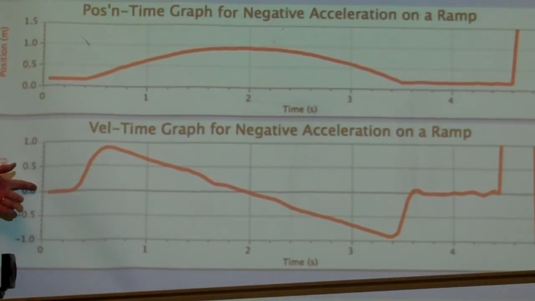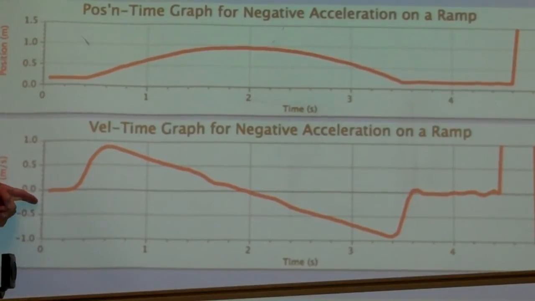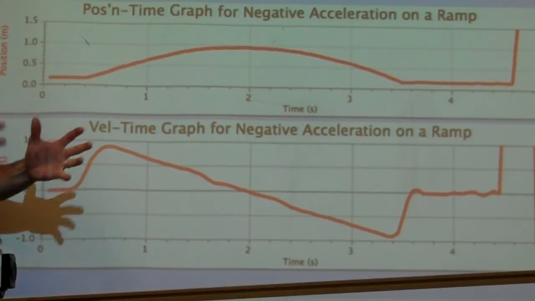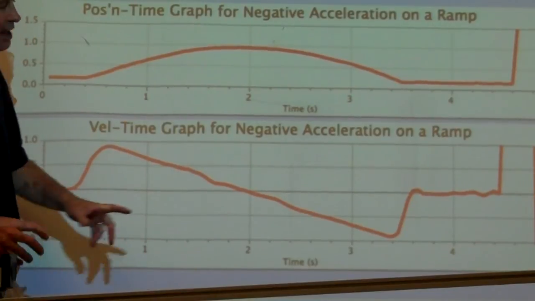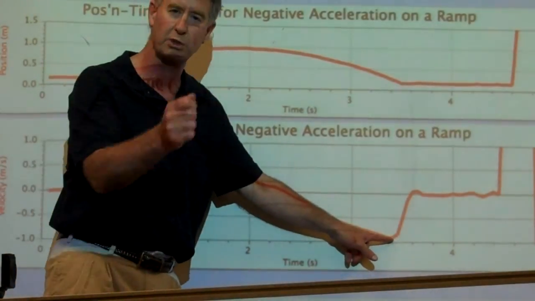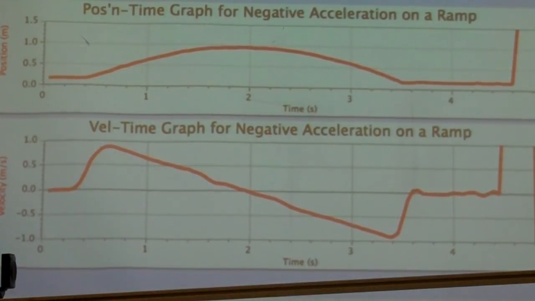The lines cross the axes, and the velocities are now negative. And they're getting to be bigger and bigger and more negative velocities, indicating the cart's moving in the negative direction, and the bigger velocities indicate the cart's speeding up, until finally it reaches this point. It was the time when I caught it and pulled it off the track.